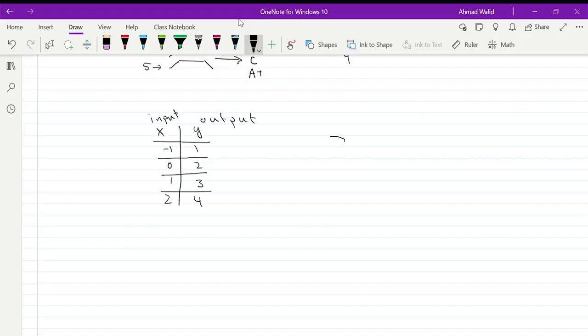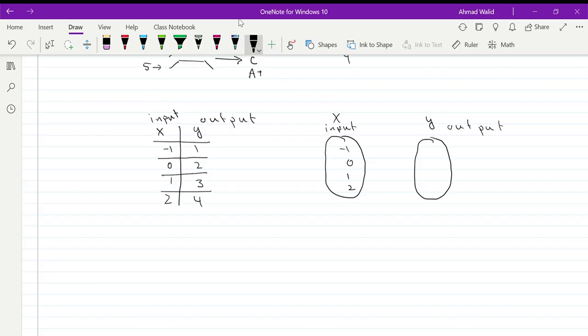Or if I draw two sets like this, this is X, this is Y, this is input, this is output. -1, 0, 1, 2. Here you have 1, 2, 3, 4. When X was -1, Y was 1; 0, 2; 1, 3; 2, 4.